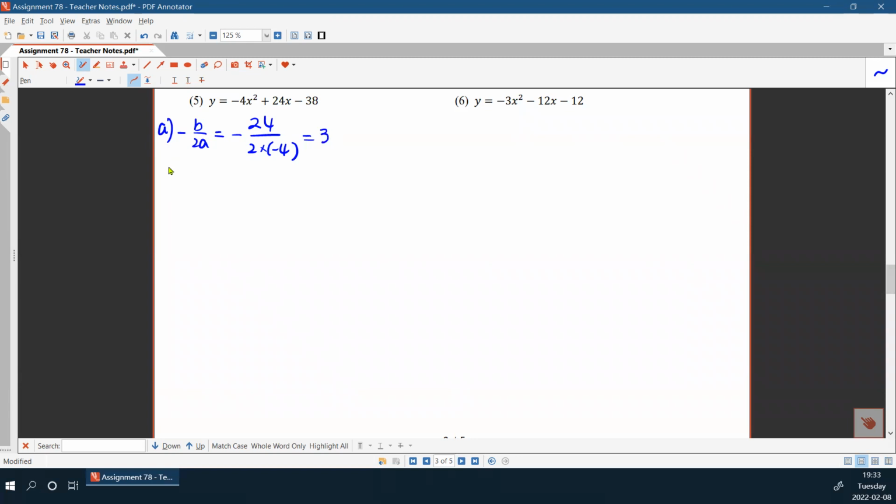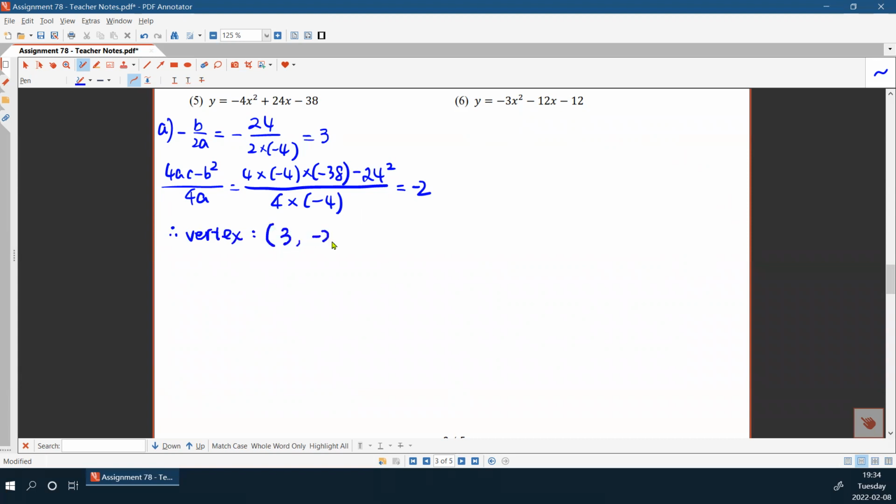And the y coordinate, which is (4 by -4 by -38 minus 24 squared) over (4 by -4), you will get -2. Therefore, the vertex is (3, -2), right?